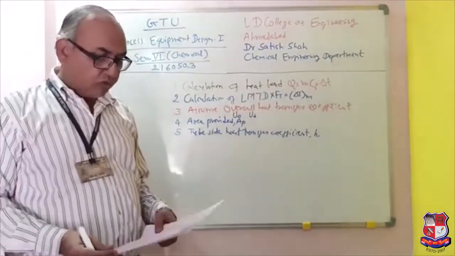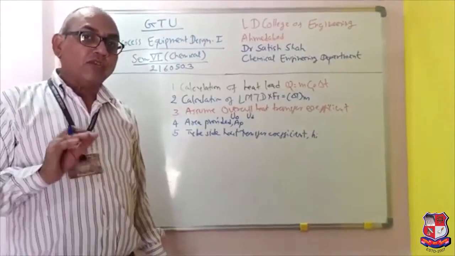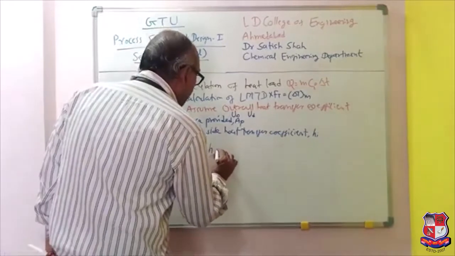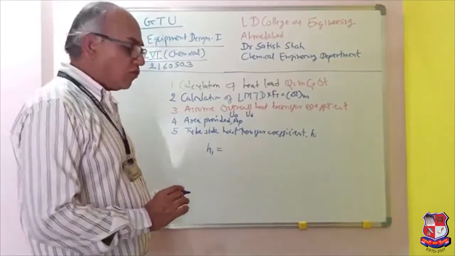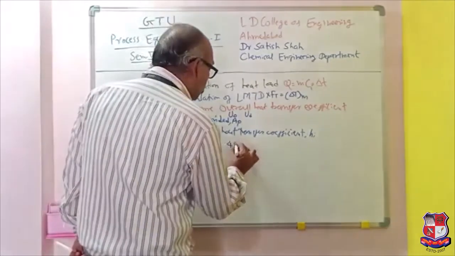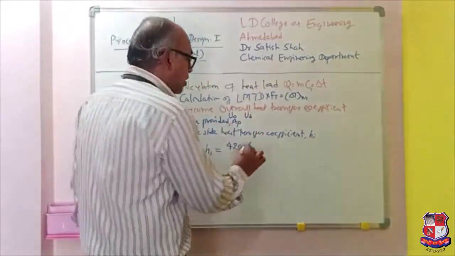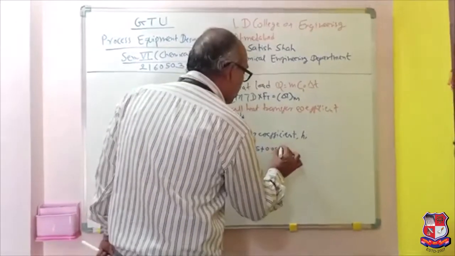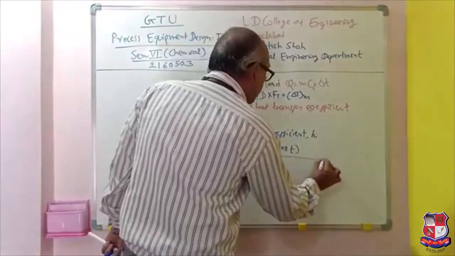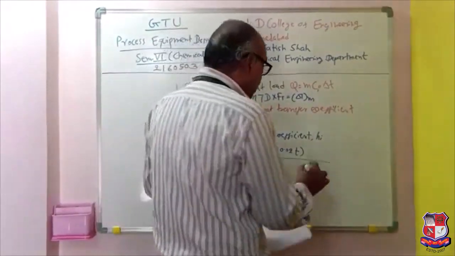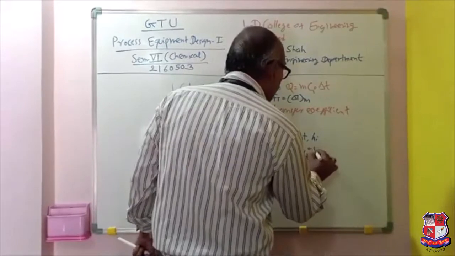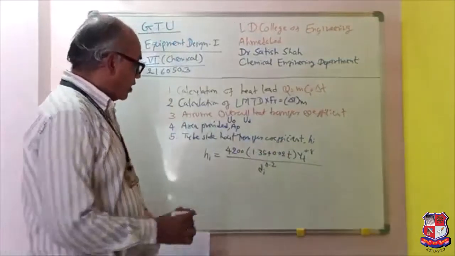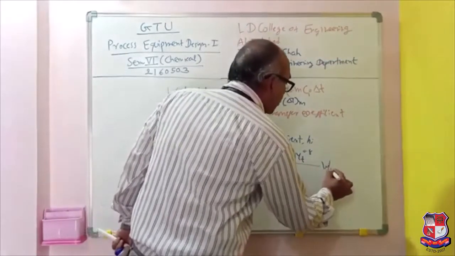You can directly use one simple formula, which is applicable to turbulent flow for water, and that hi you can simply calculate using this formula: hi is equal to 4200 into (1.35 plus 0.02 T) into ut raised to 0.8 upon di raised to 0.2, and this will be in watt per meter square degree Celsius.